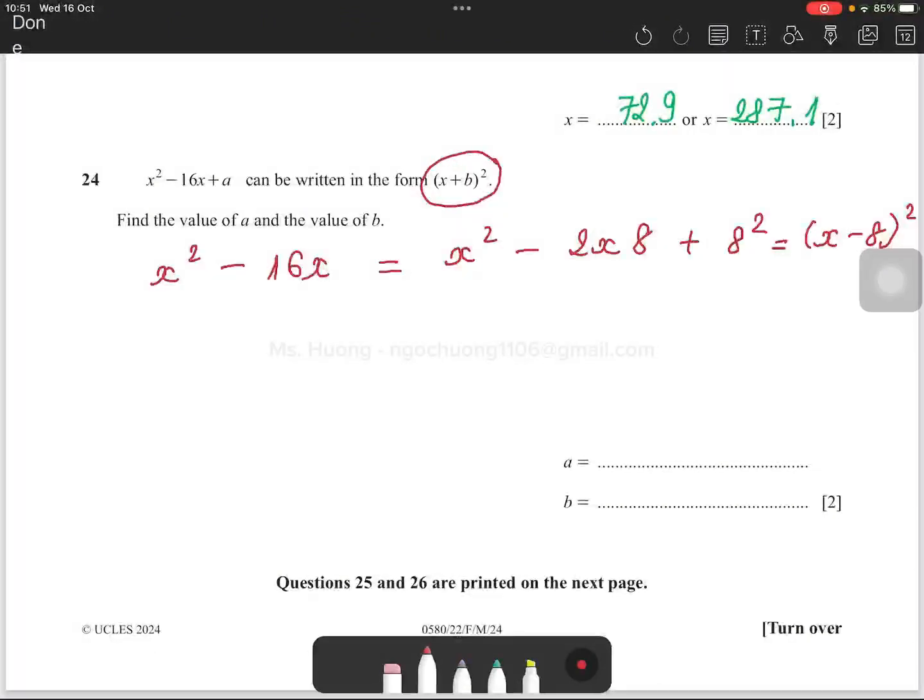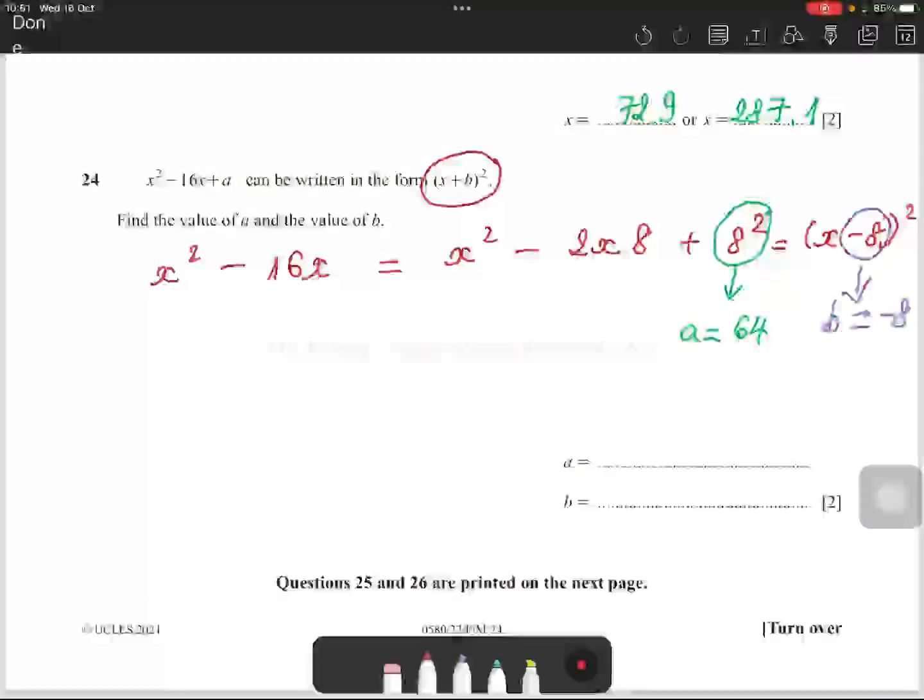In this case, we see that 8 squared is a. So a equals 64. And b is negative 8. So the answer is 64, negative 8.